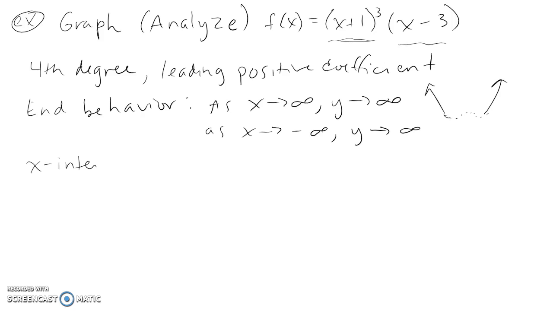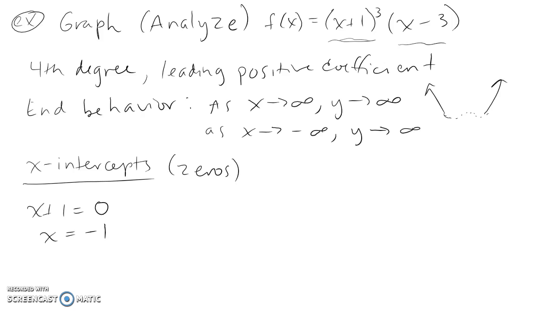So we'll start by finding its x-intercepts and its y-intercepts. Remember, x-intercepts are also called zeros. That's going to happen where the function equals 0, but we have to remember multiplicity. The first zero we have is -1 with multiplicity 3, because the original factor was x plus 1 cubed.